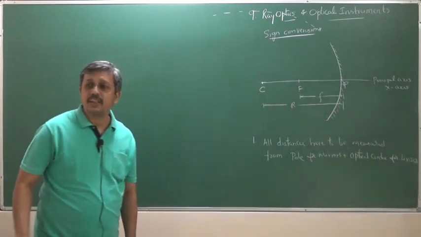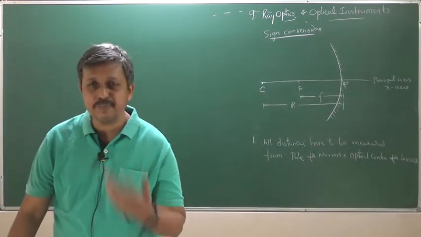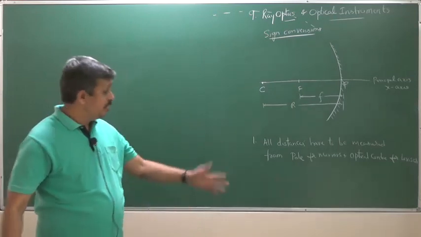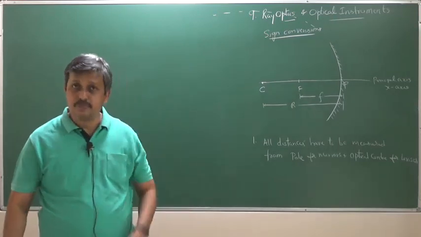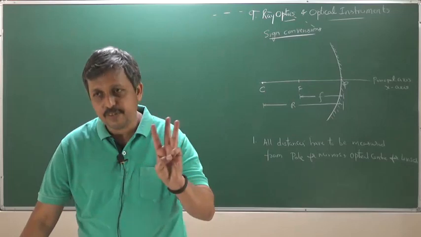So for lenses we call it the optical center, for the mirror we call it the pole. These sign conventions are the same for both mirrors and lenses, just 3 of them, remember.